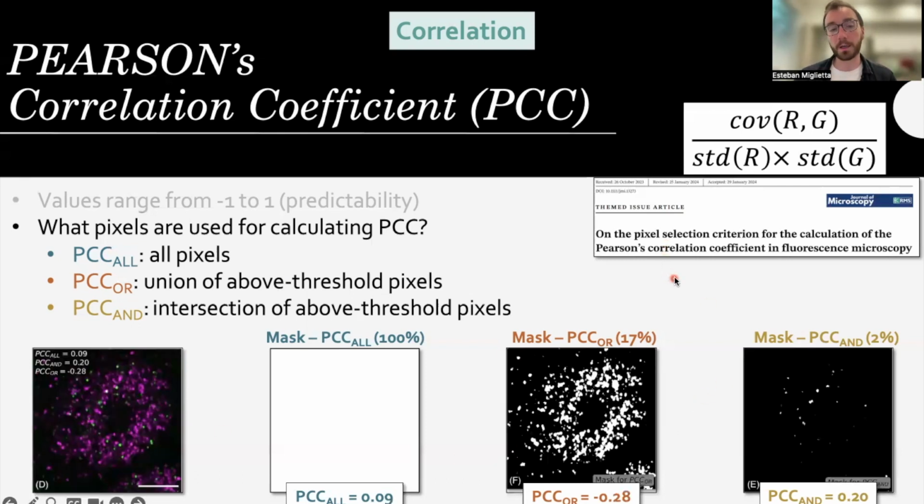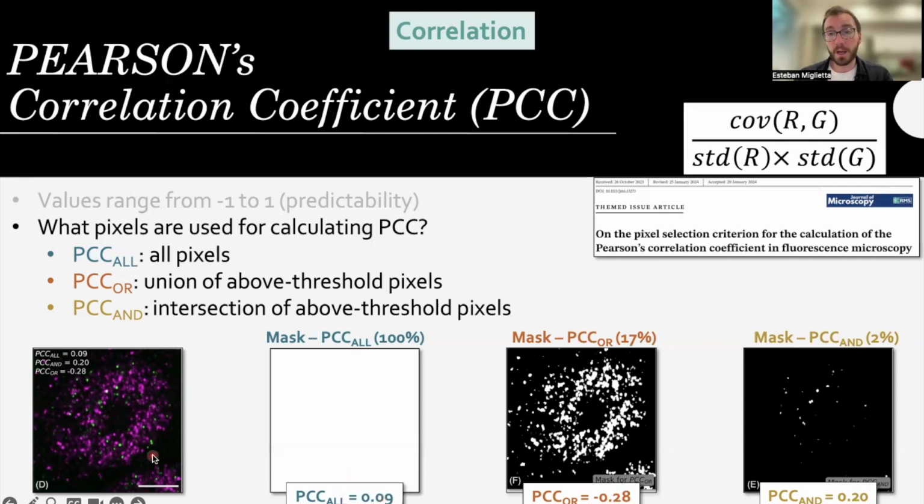If we go to a much more biologically relevant example, we have this image in which we have two kinds of vesicles labeled with green and magenta. Again, if we take all the pixels in the image, we get a PCC all of close to 0.